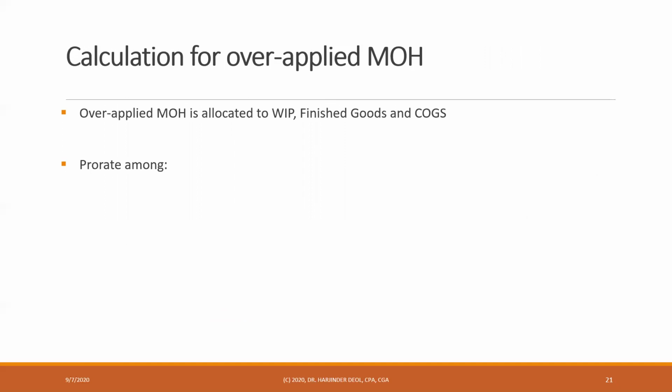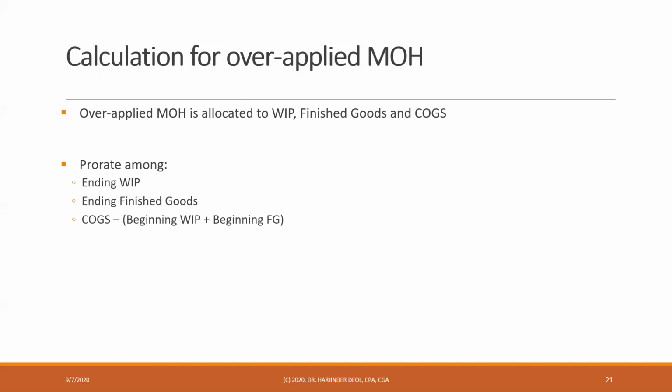So we will prorate the dollars amongst the ending work in process, ending finished goods, and cost of goods sold, and we need to adjust for beginning balances of work in process and finished goods.